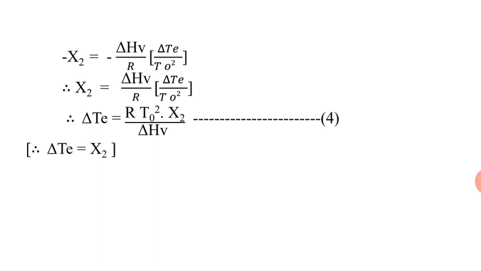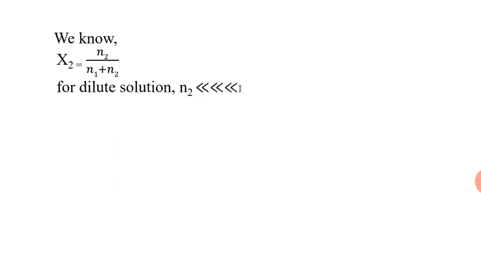Now delta T is proportional to x2, because R T0 square upon delta Hv is a constant. We know that x2 is the mole fraction of component 2 and is given by n2 upon n1 plus n2. For a dilute solution, n2 is very much less than n1.